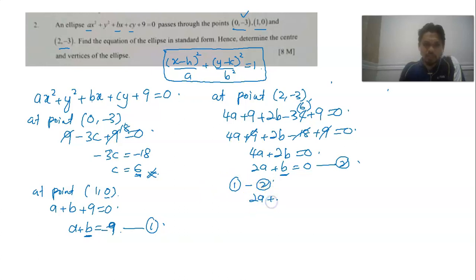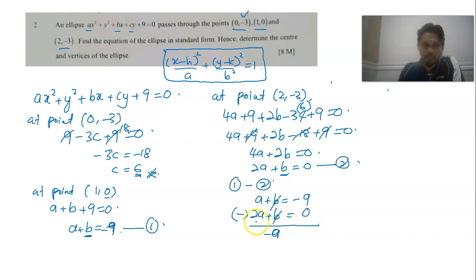So a plus b equal to negative 9, minus 2a plus b equal to 0. b minus b equal to 0. a minus 2a, negative a.